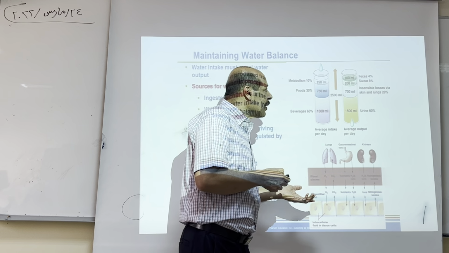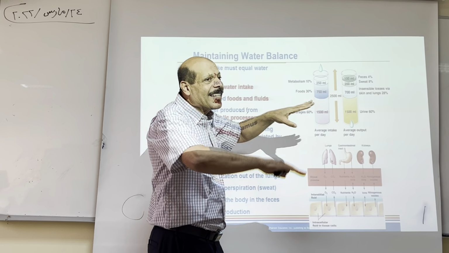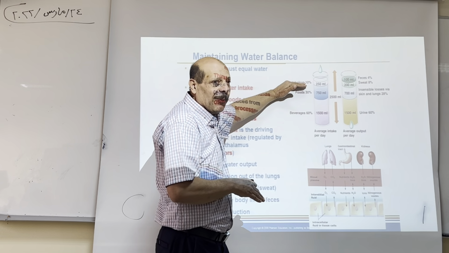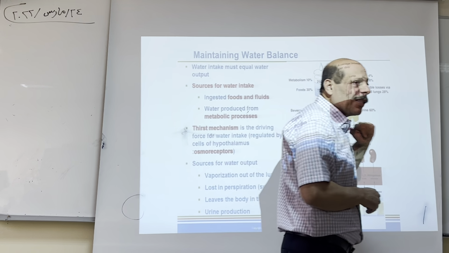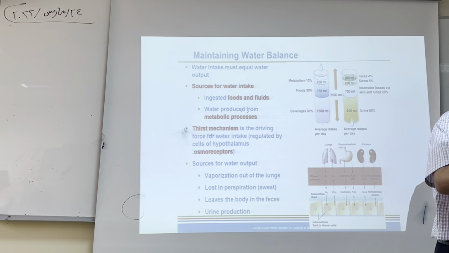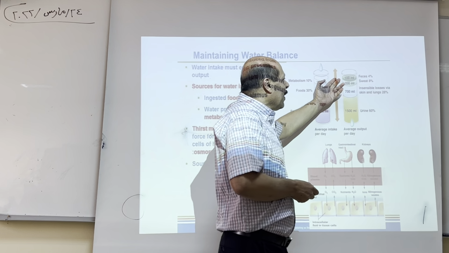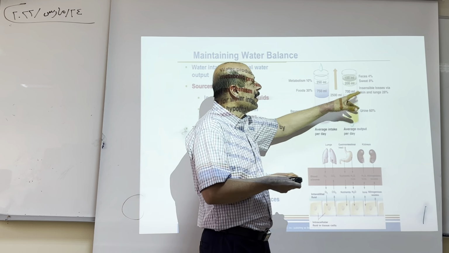Now there are other things. Here, we are taking some fluid which is hidden, either in the food or from the metabolism. And also we are losing some fluid which is hidden, that we cannot measure directly.